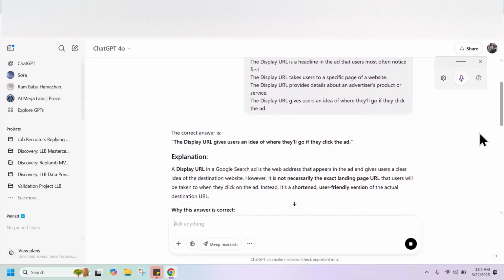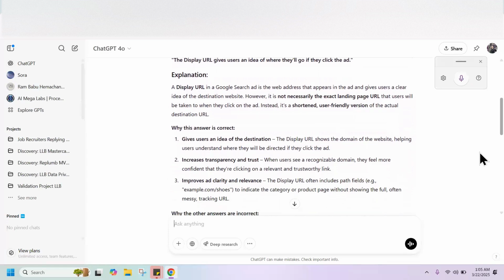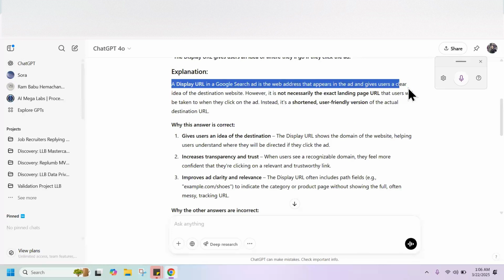It also says why the others are incorrect. Yeah, see? This is what I was asking you. You can do that.